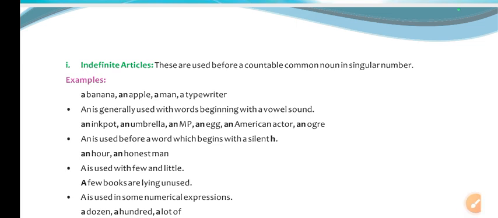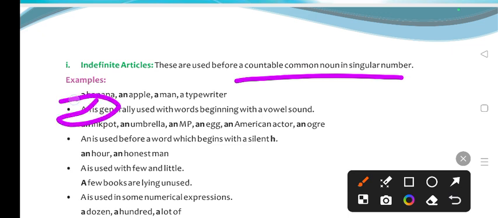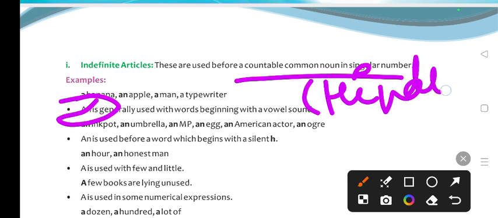Indefinite articles are used before a countable noun in the singular number. For example, a banana, an apple, a man, a typewriter. So an is basically used with words beginning with a vowel sound. Here I'm talking about vowel sound, not just the vowel letters.